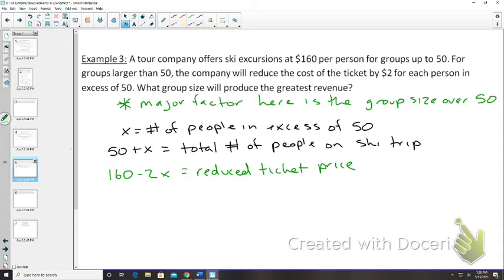So $160 is the base price, and that will be subtracted by $2 for each person in excess over 50. Our last variable that we're going to set up is R, and that is going to be revenue.